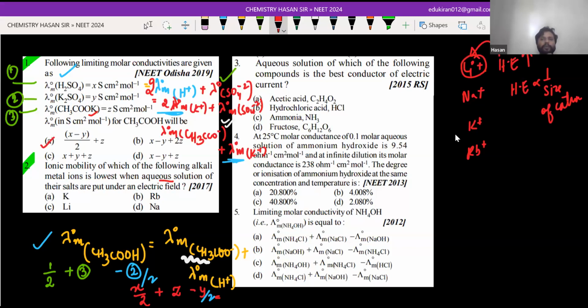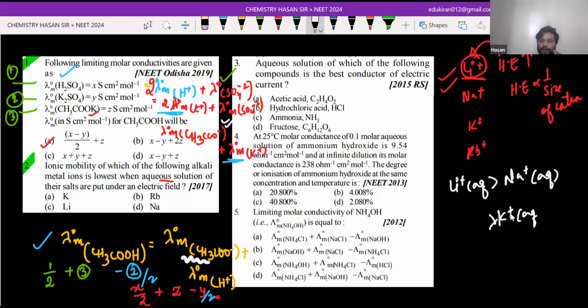Since this has the most hydration energy, it is surrounded by the most water molecules and becomes heavy and the largest one. In aqueous solution, Li plus aqueous will be the largest, followed by Na plus aqueous, followed by K plus aqueous, followed by Rb plus aqueous.